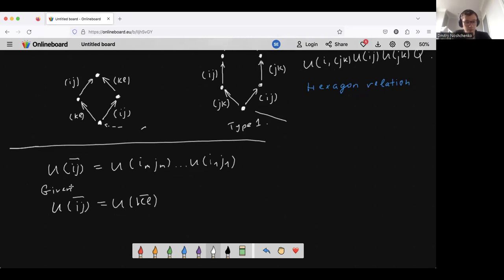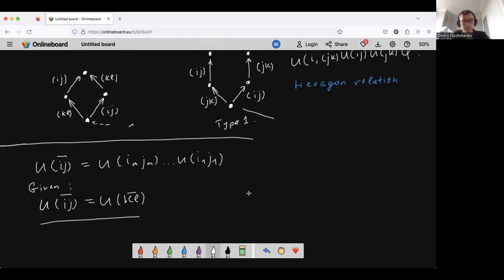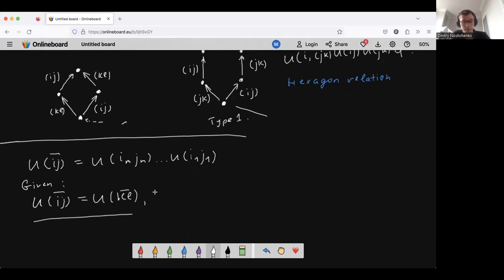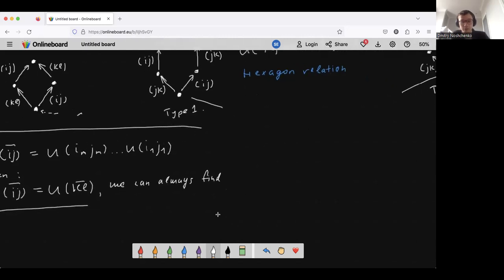Given a relation uij equals ukl, where ij and kl are sequences, we can always find a sequence of square and hexagon moves from the first sequence to the other, from uij to ukl.